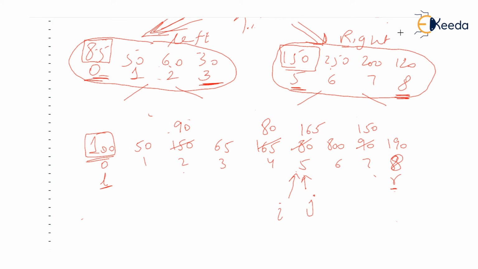J will decrease by 1 till we get value less than or equal to 100. And notice j will immediately stop at fourth place. It was at fifth place, but it will stop at fourth place since fourth place is storing a small value like 80, which is less than 100. Okay. Now you watch, I and j have stopped, but I has become greater than j. I is at fifth place and j is at fourth place. So I has crossed j.